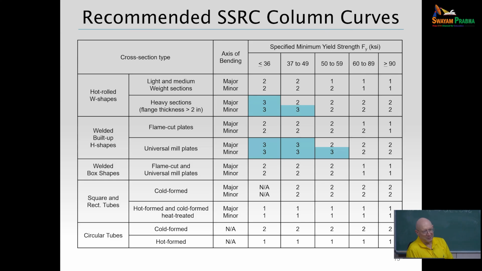If we have welded, built up H shapes with universal mill plates, particularly minor axis bending, we really should be using curve 3. Well, guess what? There aren't any steel producers that make universal mill plates anymore. And so we say, okay, we don't have to worry about that one.